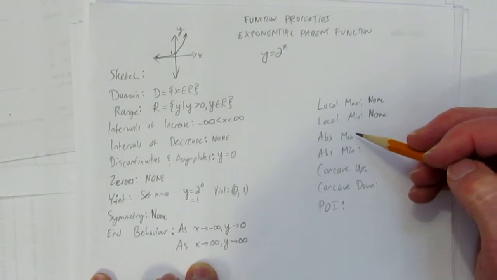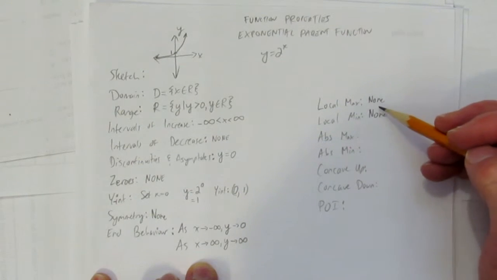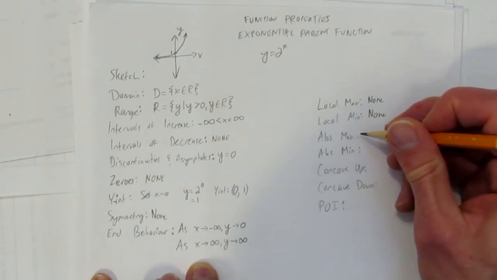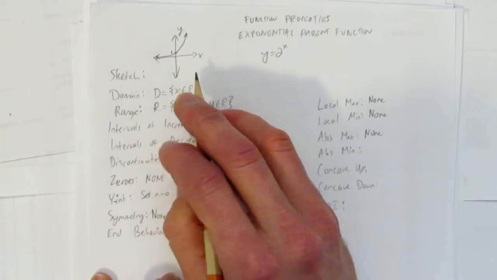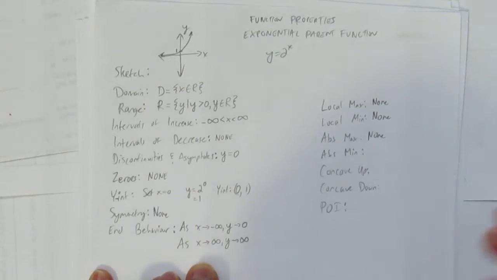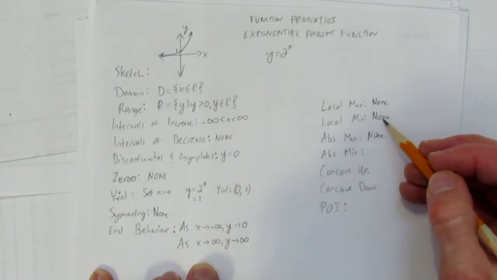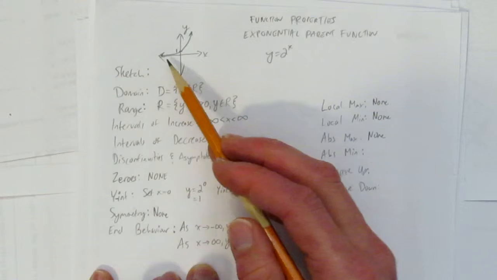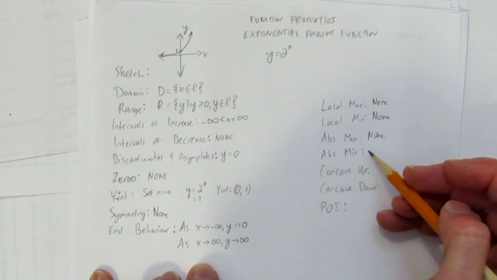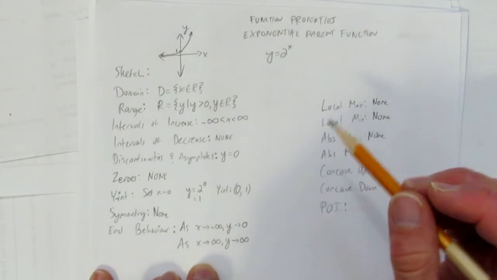How about absolute maximum? Does it have any local maximums? No, then it can't have an absolute maximum. How come? It goes up forever. Even if there was a local maximum, it goes up forever. It's a non-issue. How about absolute minimum? Again, same issue as before. It goes down forever, and so clearly it bottoms out, but we can't really ascribe a number to it. We can't say its minimum is this number.